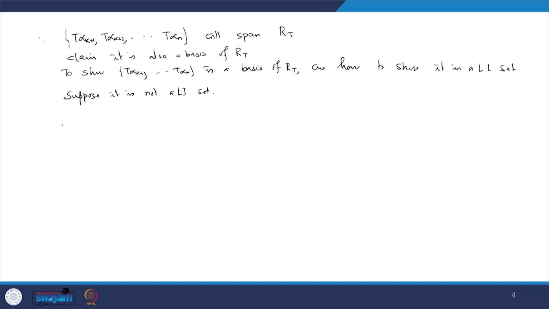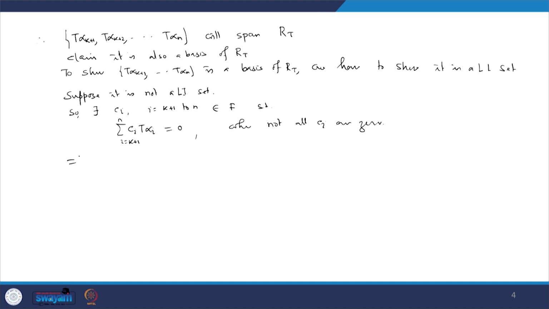So, there exist c_i, i equal to k plus 1 to n, belonging to our field capital F such that sigma c_i T of alpha_i, i equal to k plus 1 to n, equal to 0, where not all c_i are 0.